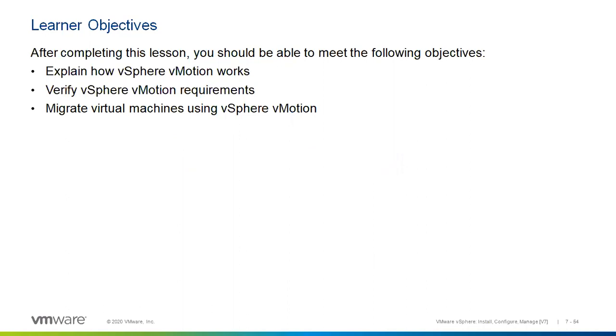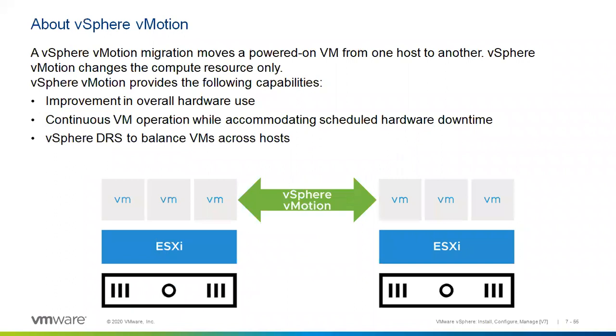When we say vSphere vMotion, it migrates or moves a powered on virtual machine from one host to another host. That's what we call vSphere vMotion. It improves overall hardware use and gives continuous VM operations while accommodating scheduled downtime, especially for maintenance, primarily when we are doing patching or update activity.